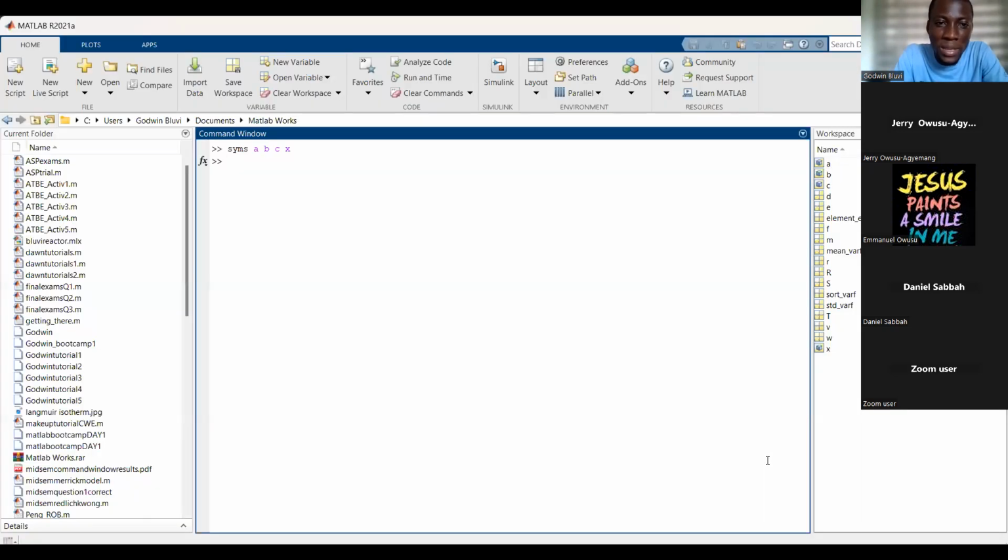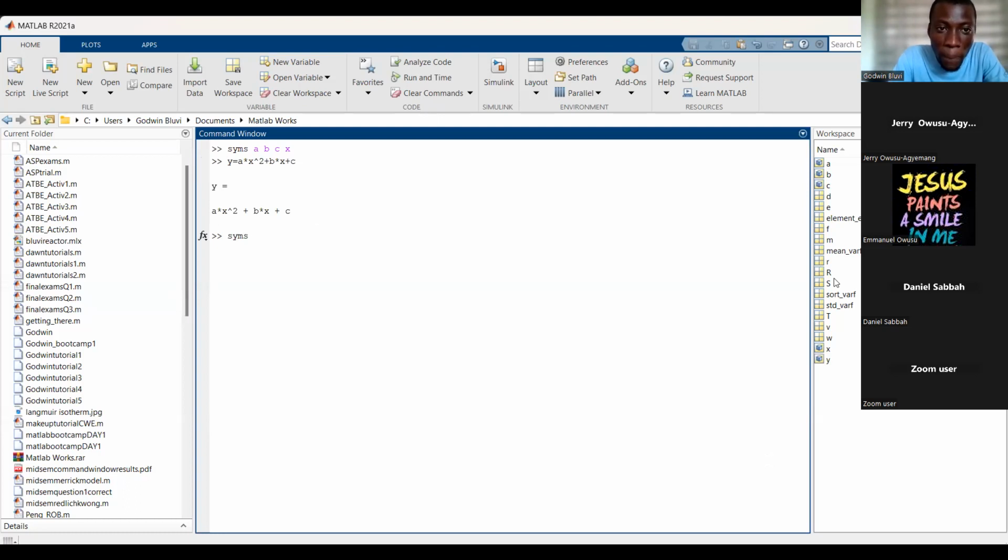We have syms A, B, C, D, X. So we want to create a variable Y equal to A times X to the power 2 plus B times X plus C. So you can see Y is equal to AX squared plus BX plus C. So you can create other ones.